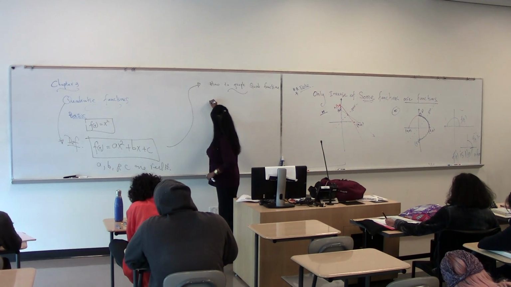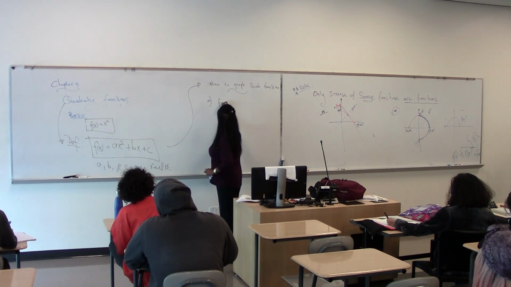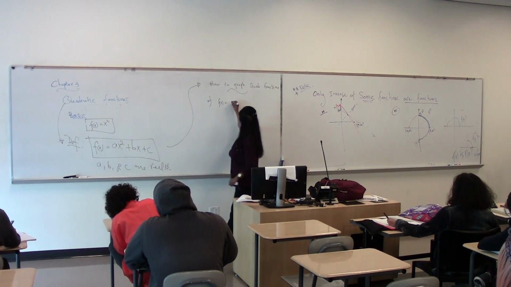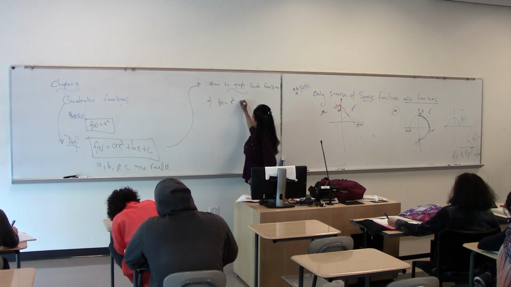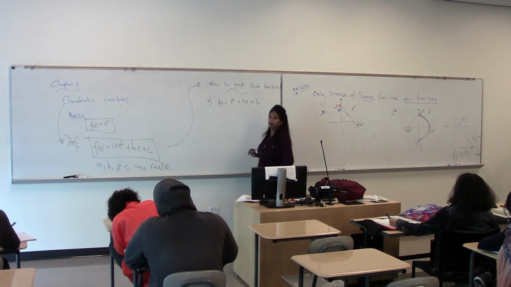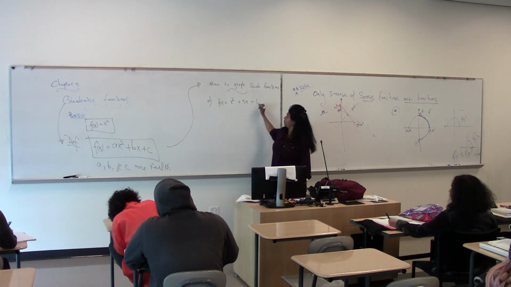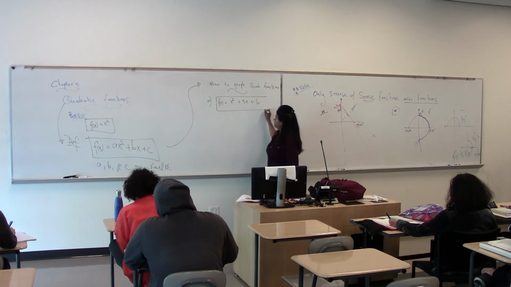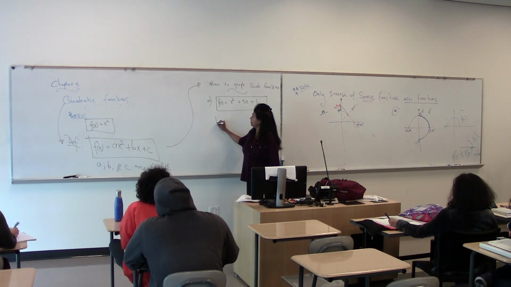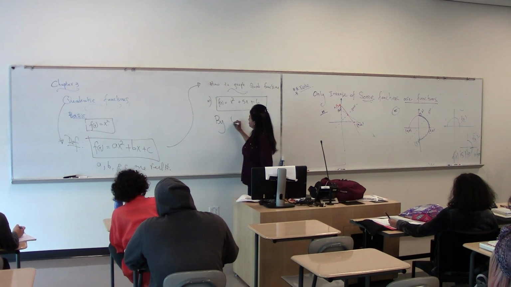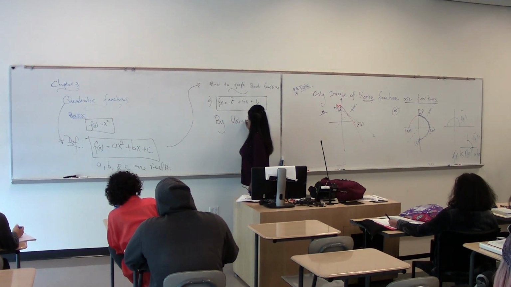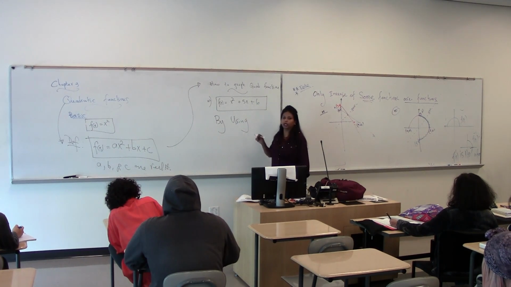Example, f of x is equal to x squared plus 5x plus 6. You know your a, you know your b. How to graph something like this? I'm not going to do this again, I said 4 things.